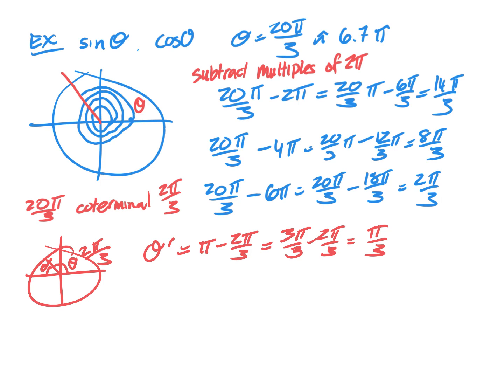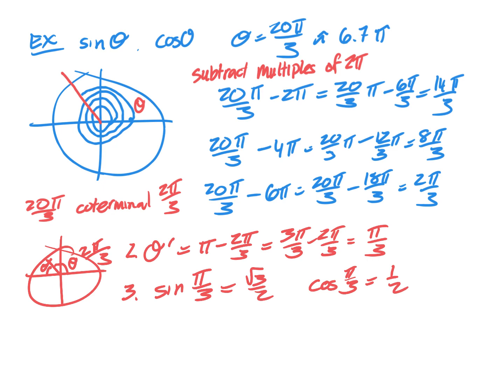And then step 3 is sine of pi over 3, which is equal to square root of 3 over 2. And if we find cosine as well, cosine of pi over 3 is 1/2.